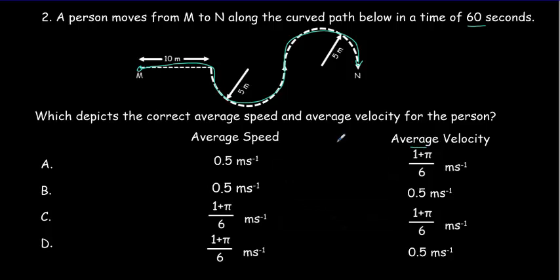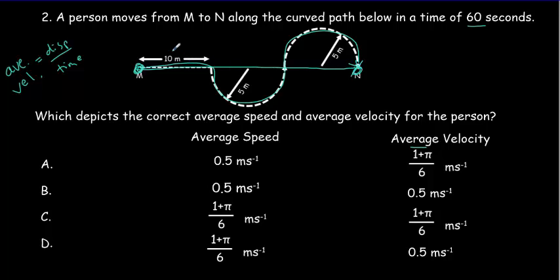Let's get the average velocity first. So the average velocity, by definition, is going to be the displacement over time. And the displacement has nothing to do with how far we travel. All it depends on is the first point and the last point. It's just a vector from that first point to that last point.